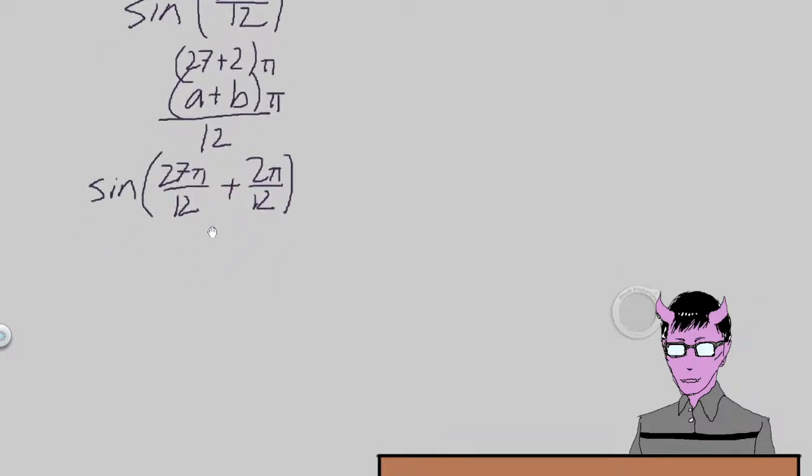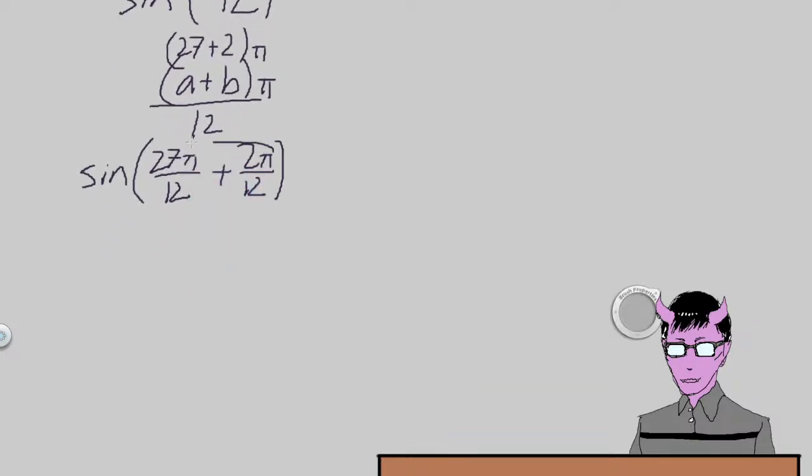But again, I'm just picking the first one that I came up with, because we want to save time. This one simplifies, top and bottom divide by 3, so that's 9 pi over 4. That's reducible. And then the second one, top and bottom divide by 2, is pi over 6.